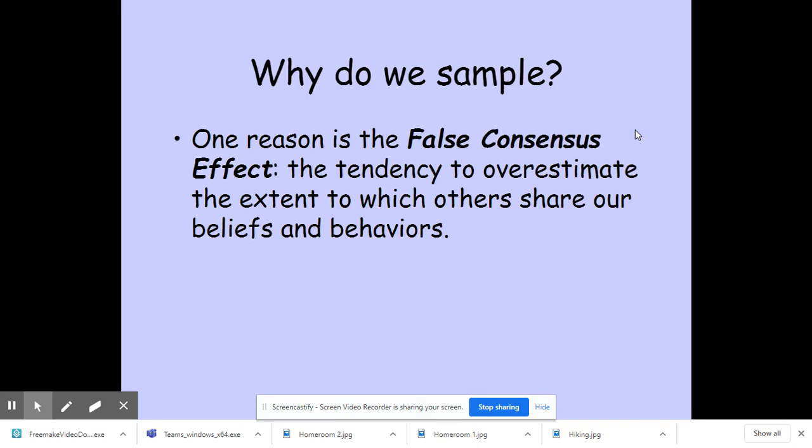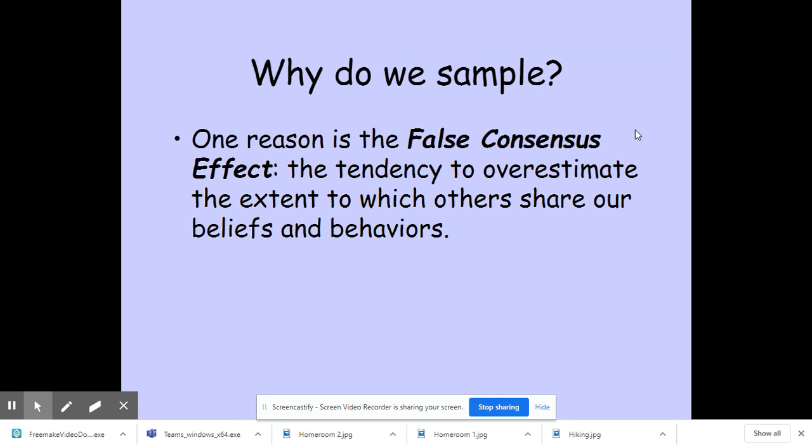And the last thing, I'm under 20 minutes. Why do we have to sample and try to get legitimate surveys? I had to figure out what's called the false consensus effect. If we don't get a random sample, let's say that you like a certain movie and you ask all of your friends and they say that they like it too.